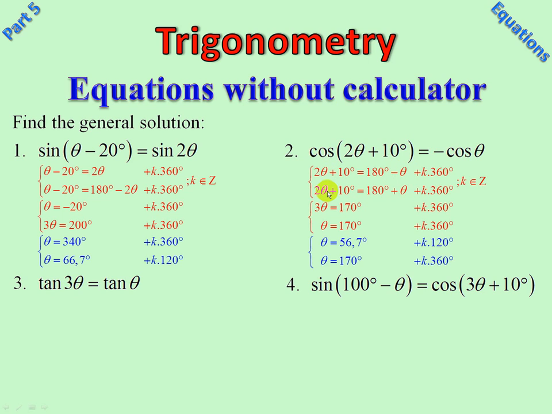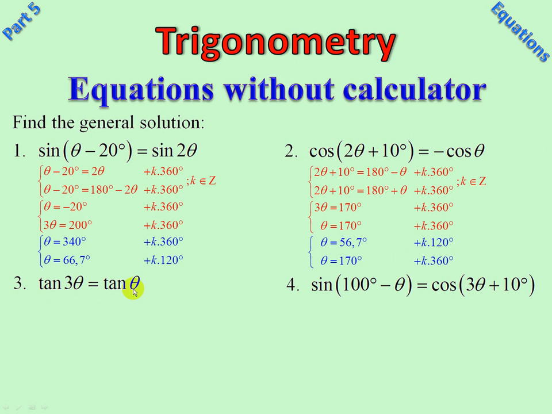This comes across minus theta, so you end up with theta. 10 goes across 170, so we've got 3 theta equals 170 plus k360, or theta equals 170 plus k360. So we divide through by the 3 there, and we end up with that answer there.